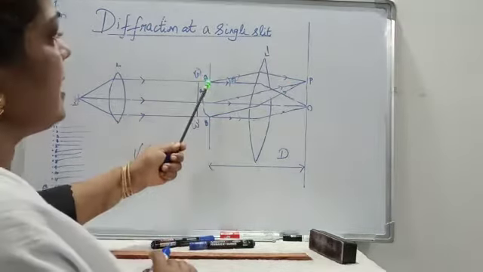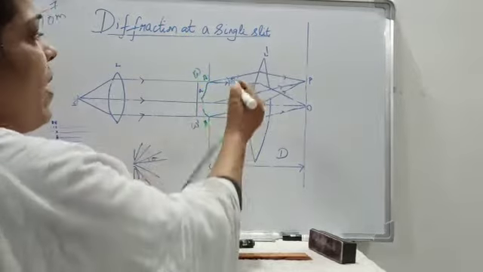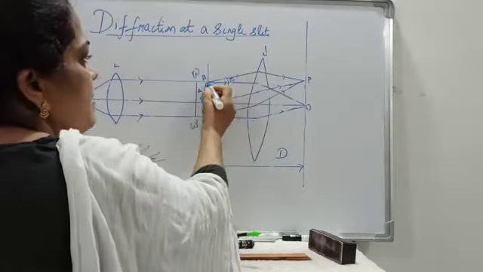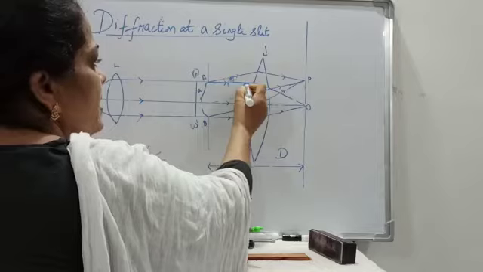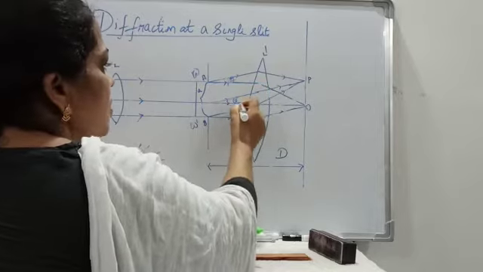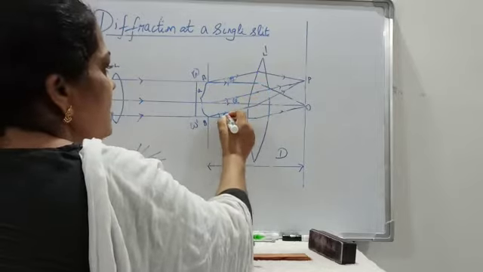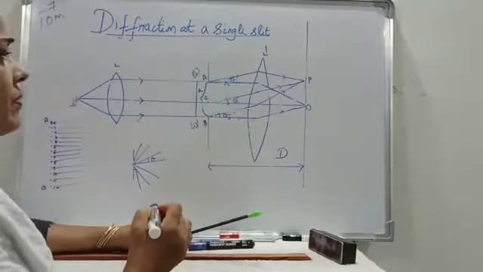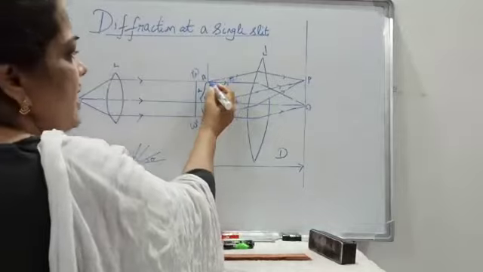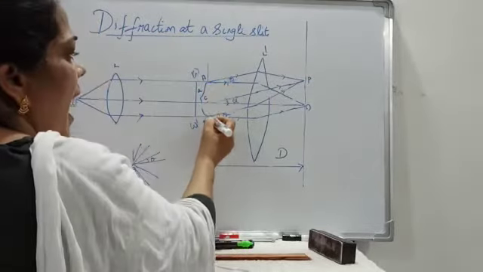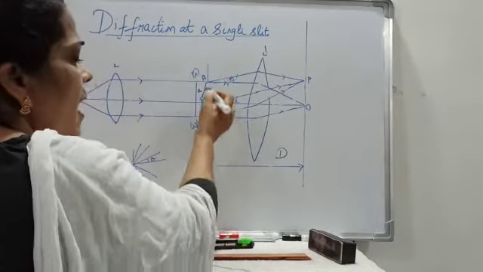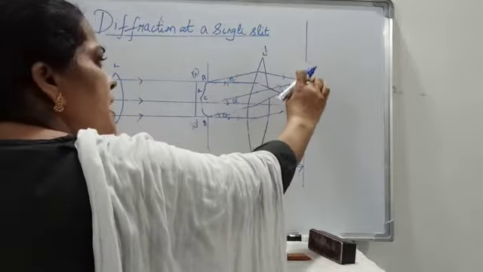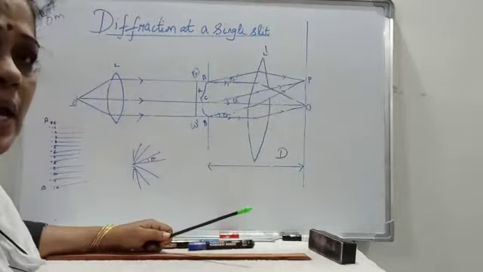Now if you consider a wavelet from A, it is making an angle theta with this. Similarly, this angle is also theta. Let me mark this point as C. If you consider a wavelet from A and a wavelet from B, are they traveling the same optical path to reach the point P?